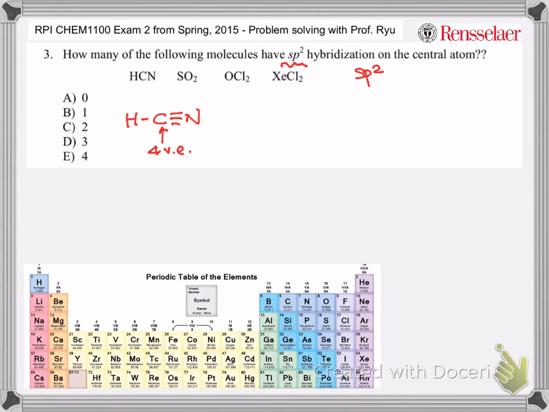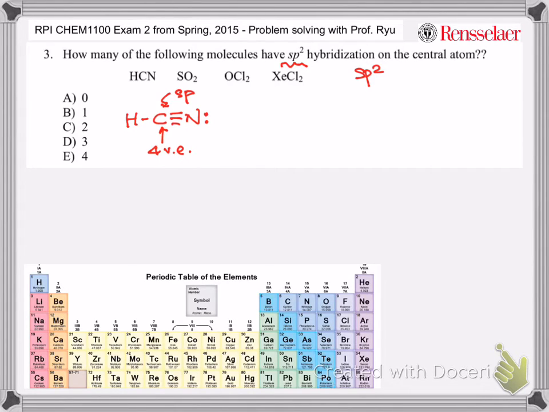Nitrogen has 5 valence electrons. They use 3 of them here, so they should retain 1 lone pair. In that case, the central atom is carbon, and the hybridization is essentially 2 sigma bonds, and therefore the hybridization is sp. So it is not sp2.